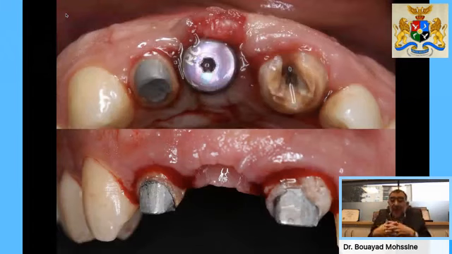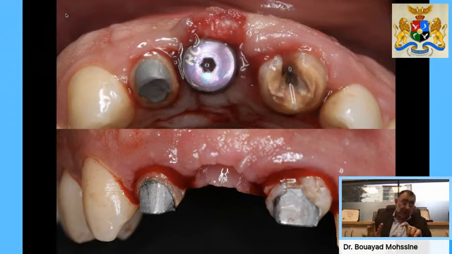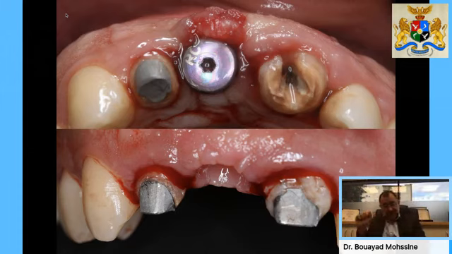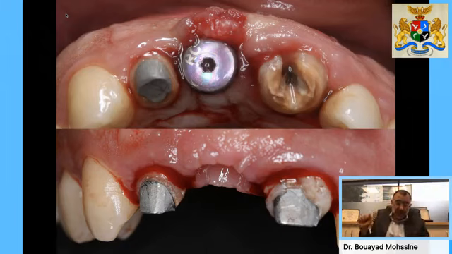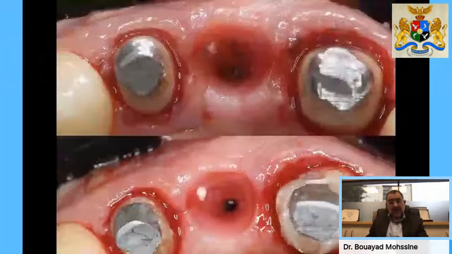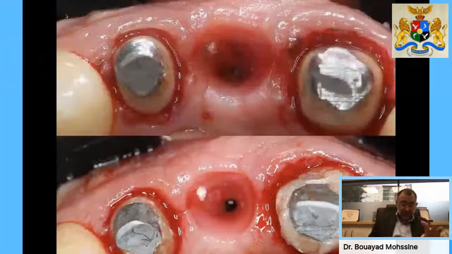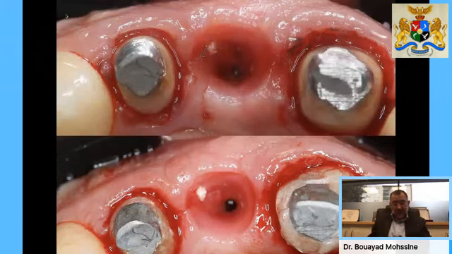We place our healing abutment, and we recreate a good volume of soft tissue in vestibular position with a roll technique. And we can appreciate here the good healing of the tissue in the lower picture. This is the healing after a few weeks.